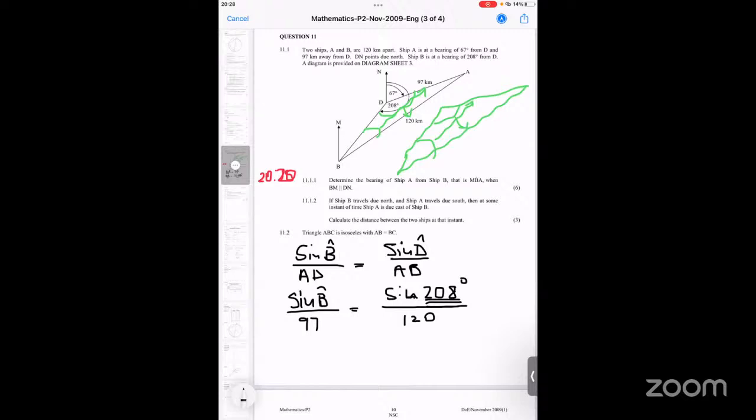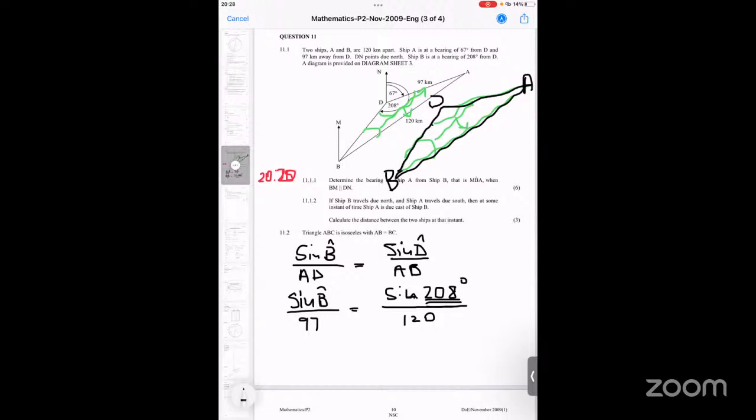Okay, but the question now is, is the 208 an interior angle of your triangle? Your triangle is BAD. Is the 208 inside of that? It is inside, sir.